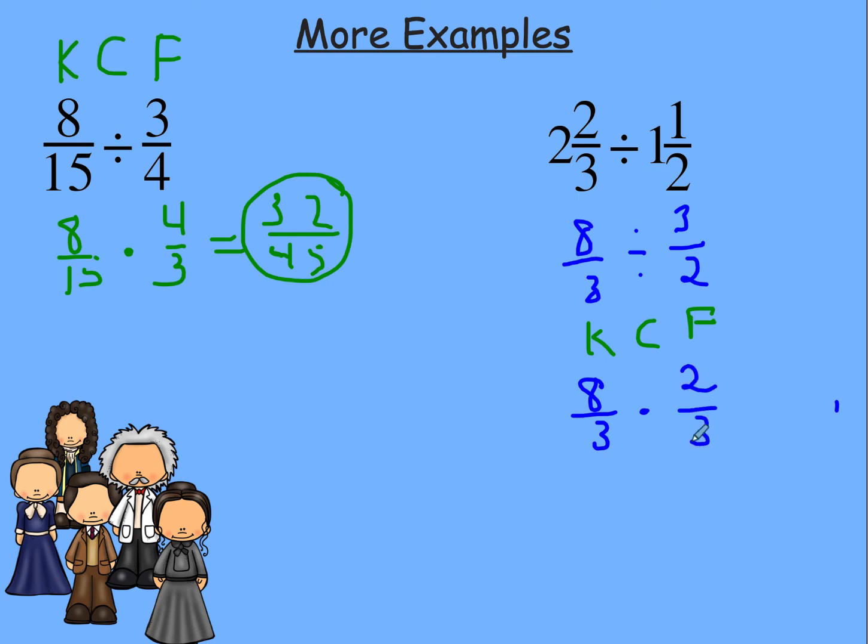Again, no common factors between numerators and denominators, so I'm just going to multiply. 8 times 2 is 16. 3 times 3 is 9. Now, since our problem started with mixed numbers, I'm going to put my answer as a mixed number for this and only this reason. 16 divided by 9 is 1, with 7 left over. So my quotient is 1 and 7/9.